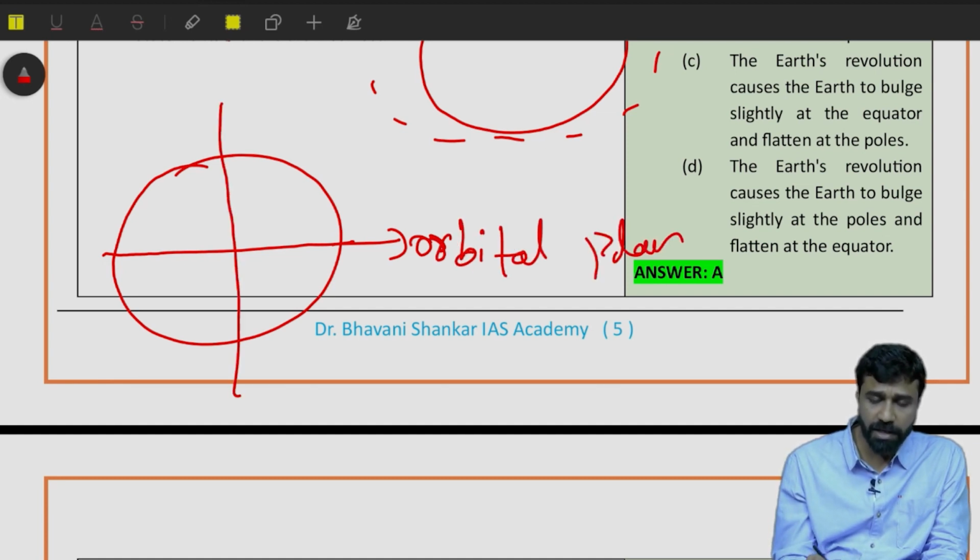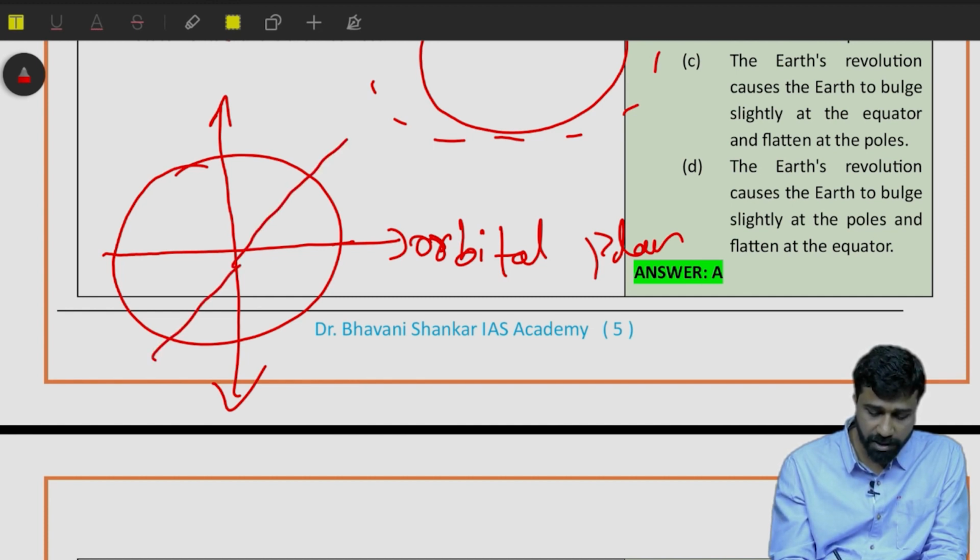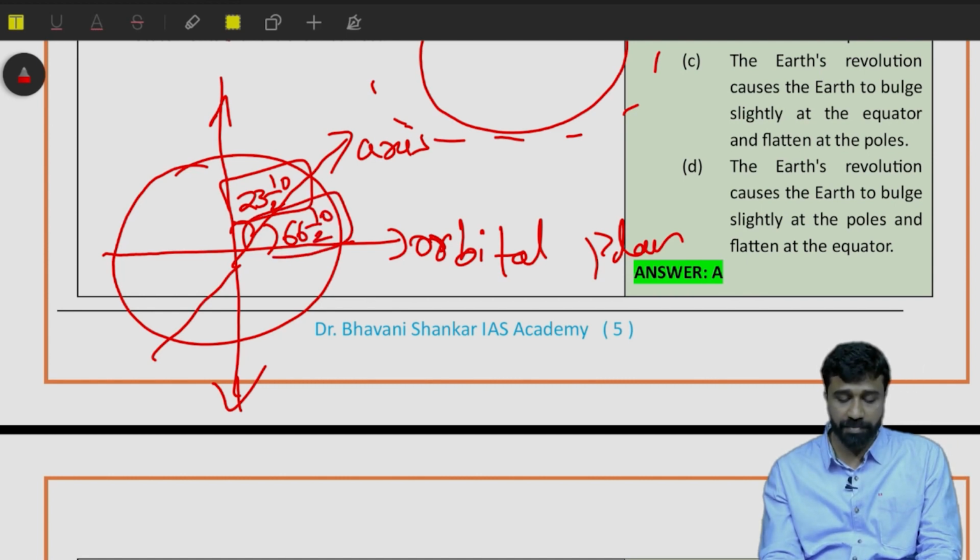Here this is the axis of the earth, an imaginary line, drawn straight, and this is the orbital plane. This is making 23.5 degrees, and here it is around 66.5 degrees with its orbital plane.